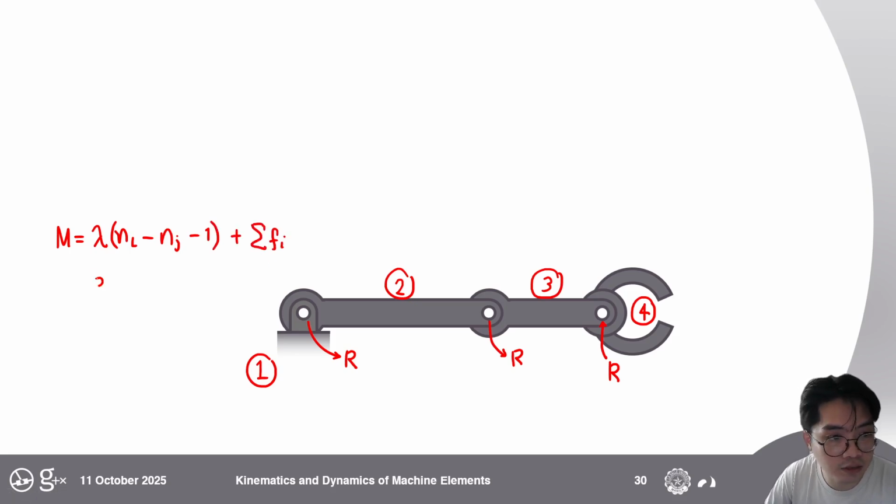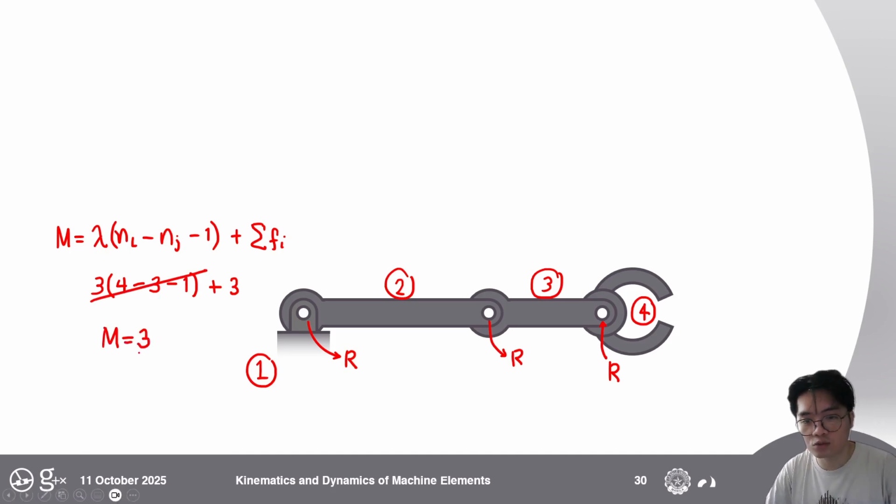So 3 times (number of links 4 minus NJ, which is 3, minus 1) plus all of the revolute joints, which are 1 each, so 1 times 3 is 3. 4 minus 3 minus 1 is just 0, so that cancels. The mobility of this is 3.